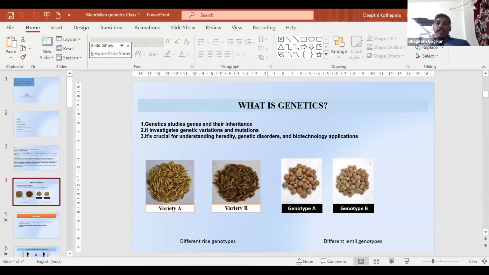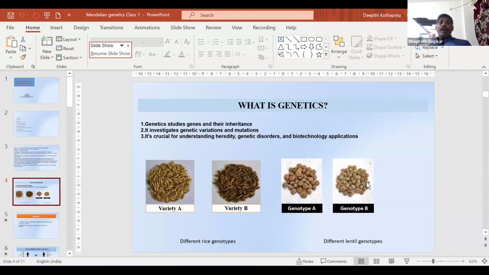In the same way, there are photographs of genotype A and genotype B, which belong to the lentil plant. In the first photograph, we can see the seed size is bigger. In the second photograph, genotype B shows smaller seed size. The seed size is contributed by a particular genetic makeup internally, which is present in the DNA molecule.